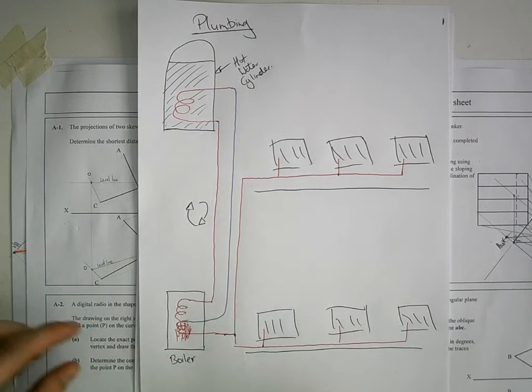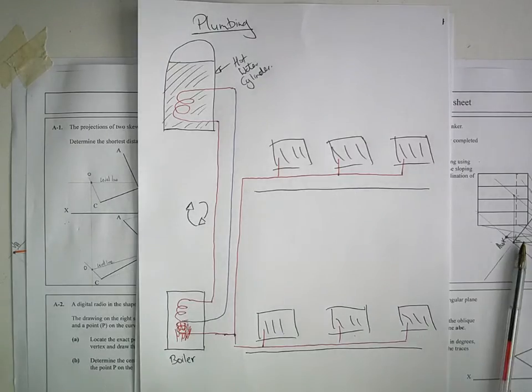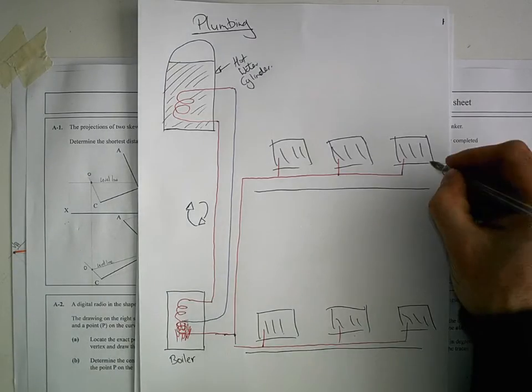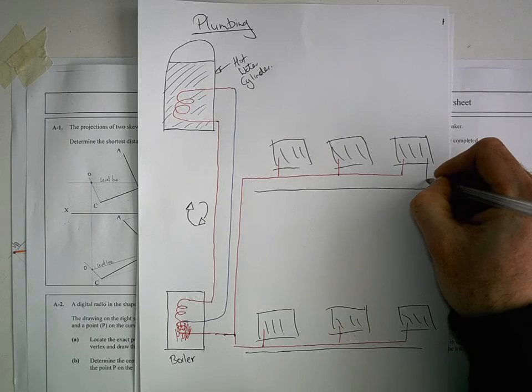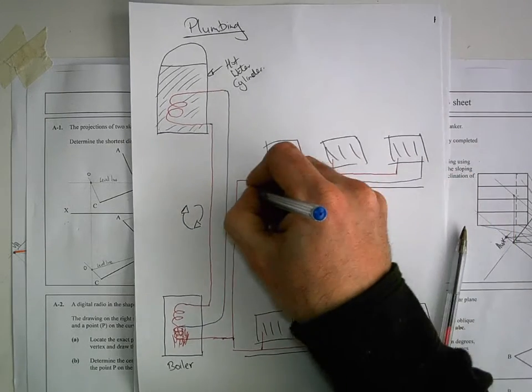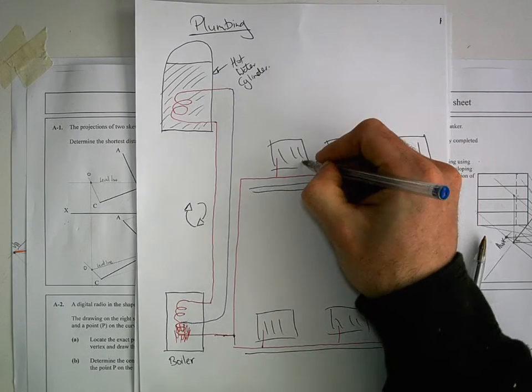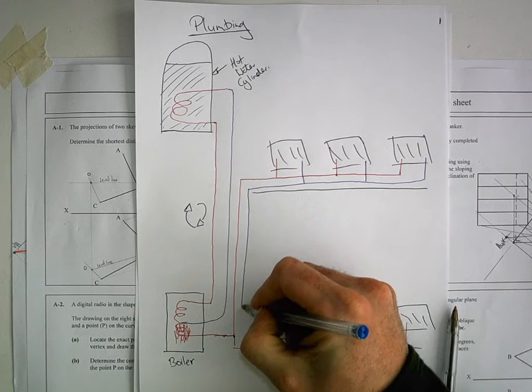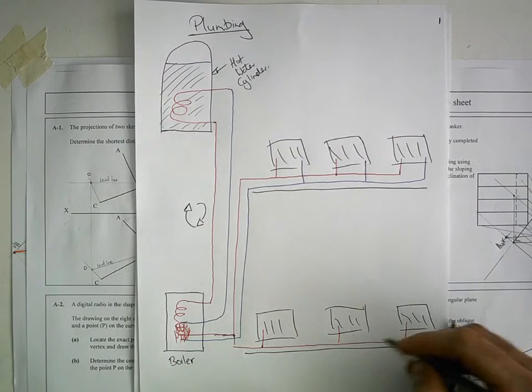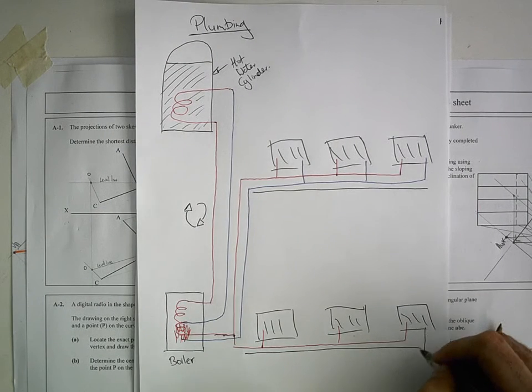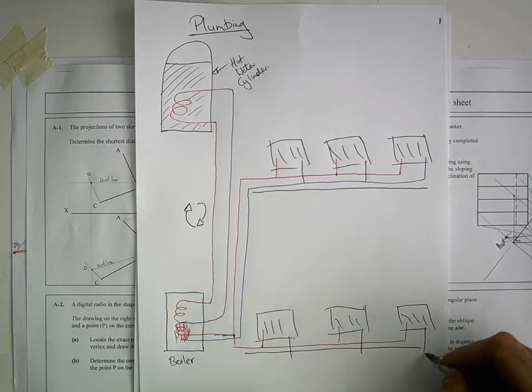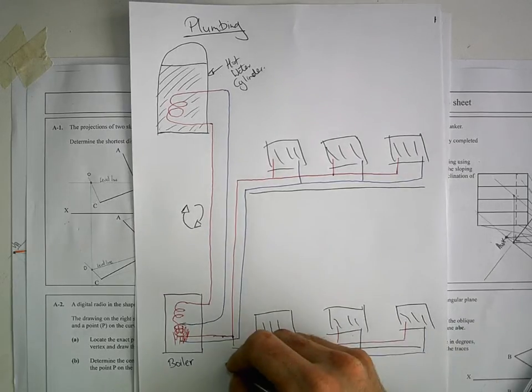Now obviously if water has been passed to the radiators, there has to be some way of bringing it back because it's a loop system. So what you have then is pipe work that's going to bring the water returned again individually from each of the radiators, and down and back to our boiler, and again downstairs, coming out of the 3 radiators and travelling back through the same pipe.